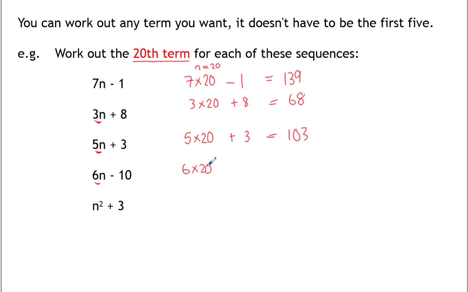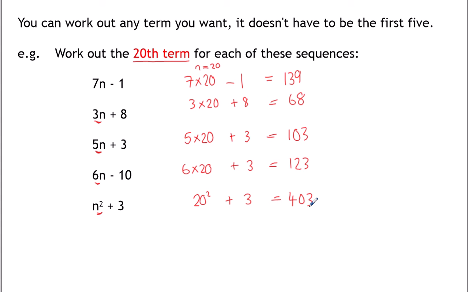So 6 times 20 is 120. Add 3 is 123. And this last one says n squared. So 20 squared, that's 20 times 20, which is 400. Add 3 makes 403. And you can do that for any n that you like.